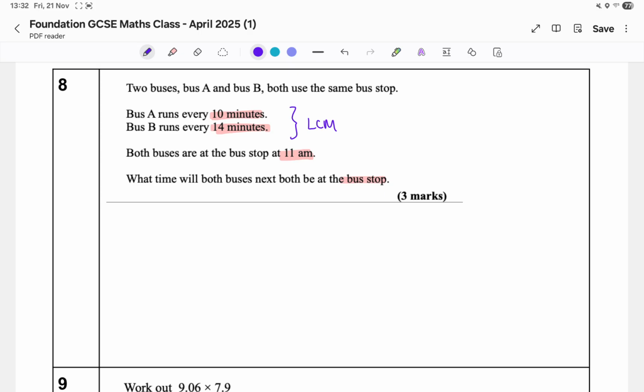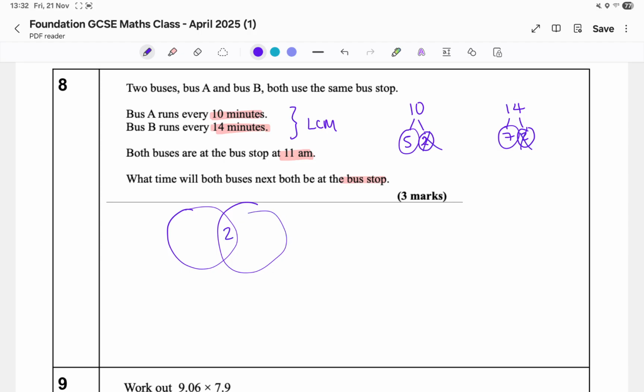So I'm going to do the prime factor trees of both of them. I know 10 is 5 and 2, they're both prime numbers. 14 is 7 and 2, both prime numbers. I can put them in a Venn diagram. Both of them have 2. And then in the 10 circle I could put 5, and in the 14 circle I can add 7.